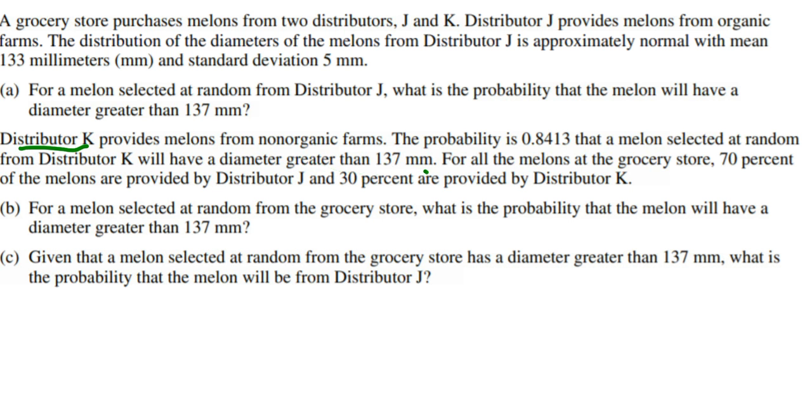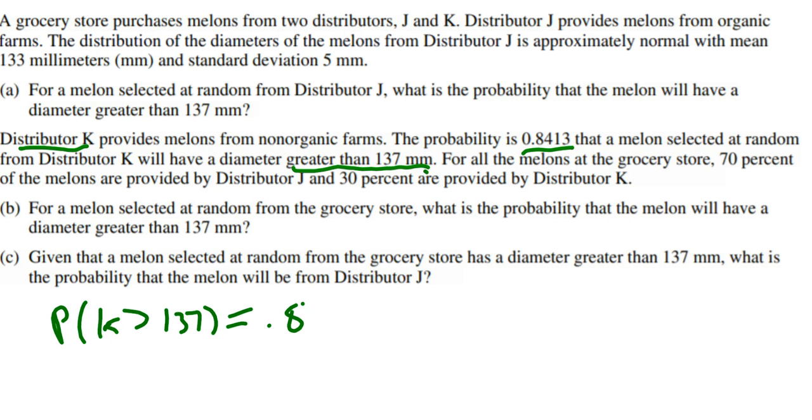Bear with me. There we go. The probability that the melons they make are greater than 137 millimeters is 0.84. So I'm going to write that: probability K is greater than 137 equals 0.8413.